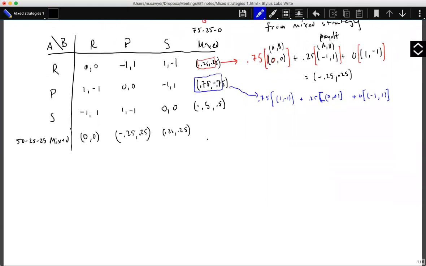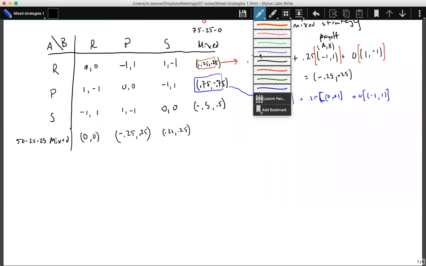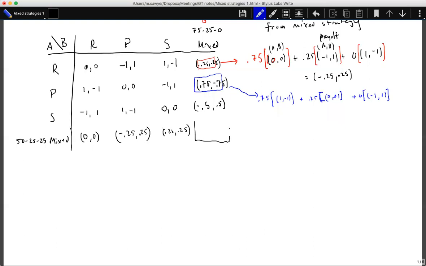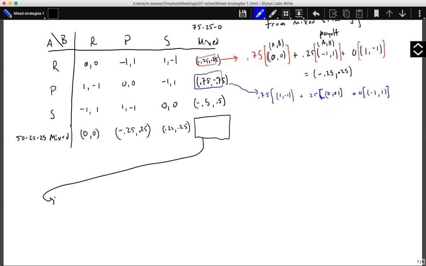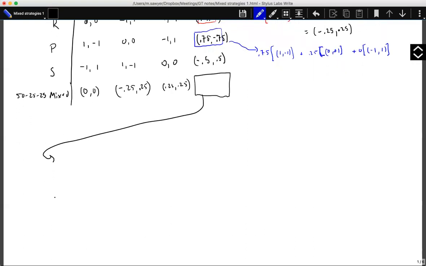Now the question is how do you operate the expected payoff for player B versus player A's mixed strategy? And this is where we operate in the same fashion. So player B's mixed strategy versus player A's mixed strategy.